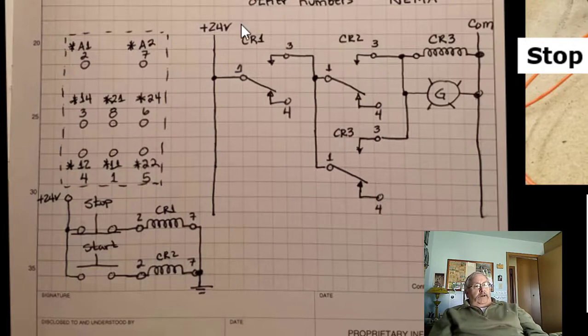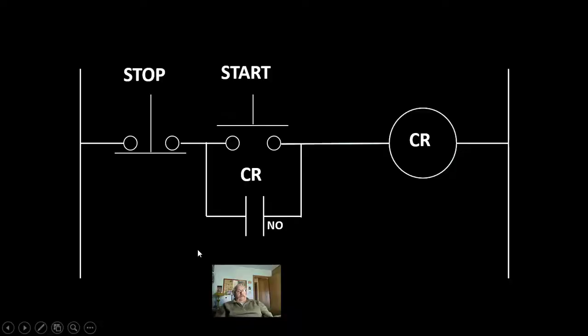So then over here, I drew the start-stop circuit using the relay contacts. So my stop relay is CR1, my start relay is CR2, and my output relay is going to be CR3. So if you remember from the previous slide, my stop push button is normally closed.